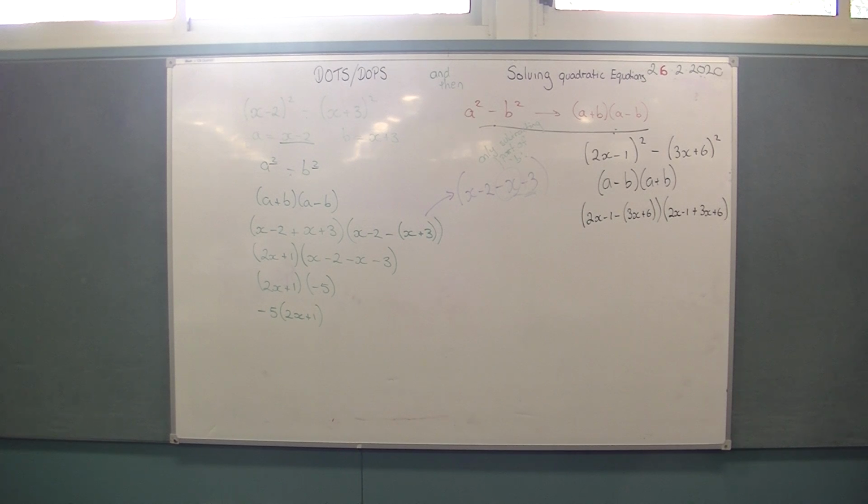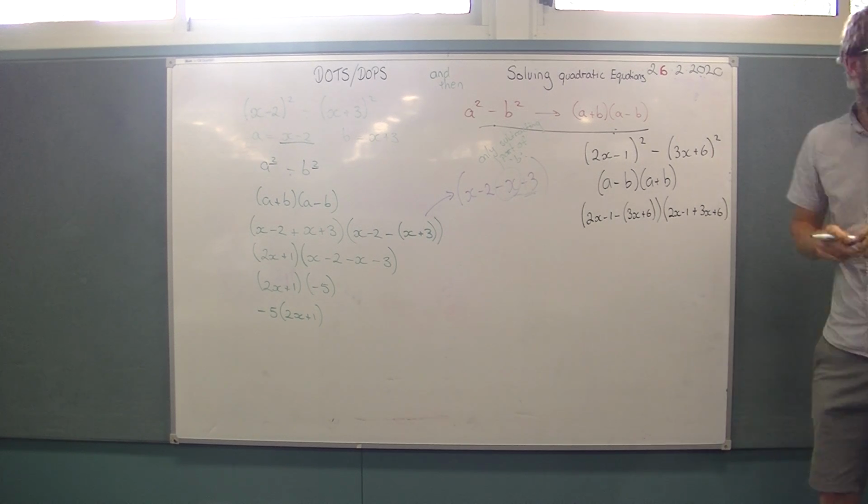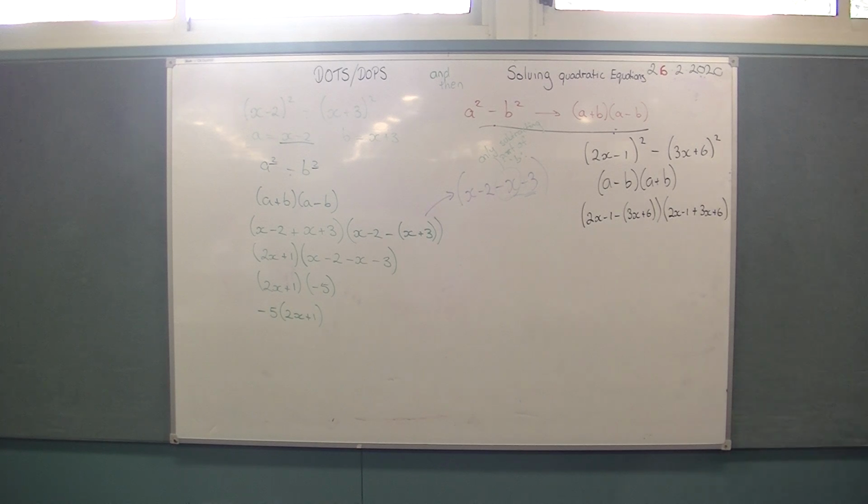Then 2x minus 1 plus all of B, which is 3x plus 6. Make sense? Still not really getting it.